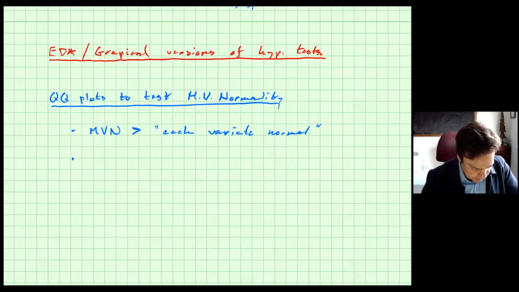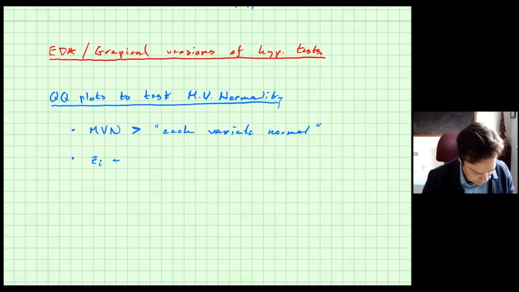So let's do the following. Let's say that you standardize each column. So let's say that each Zi is a column, and each of these is independent, standard normal.